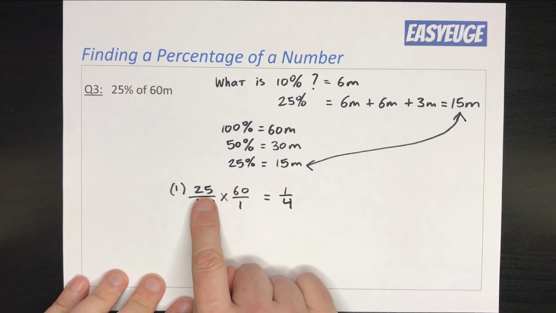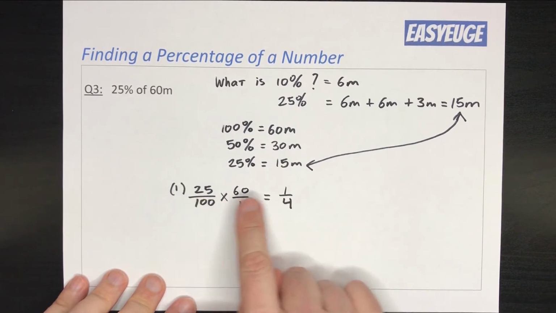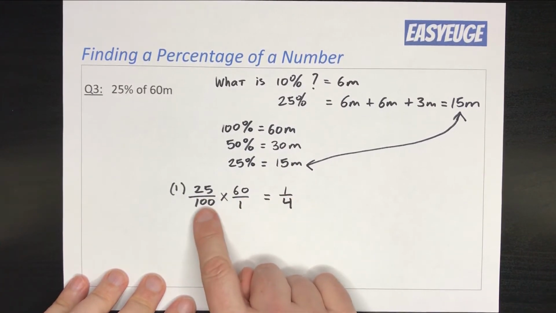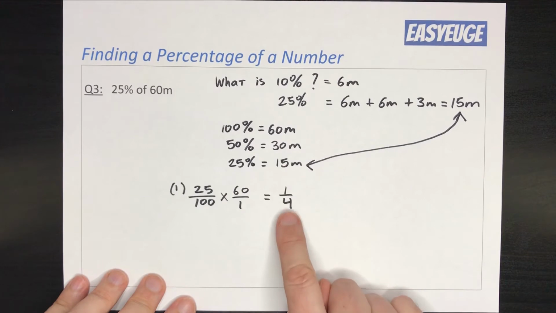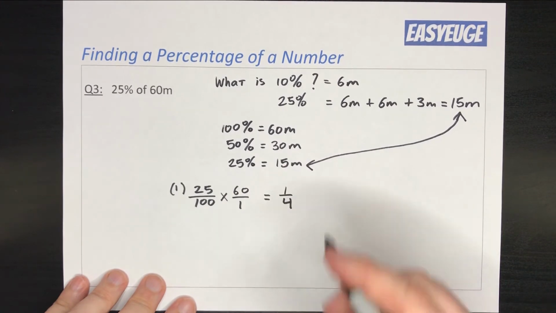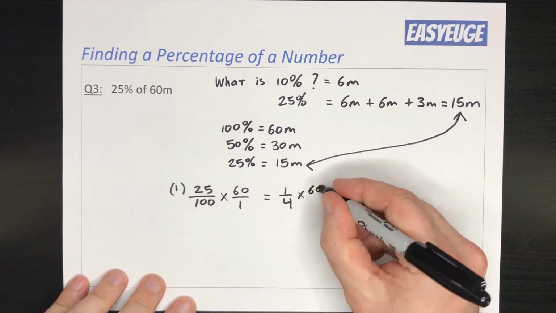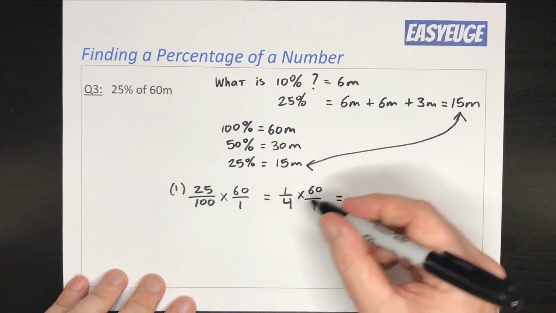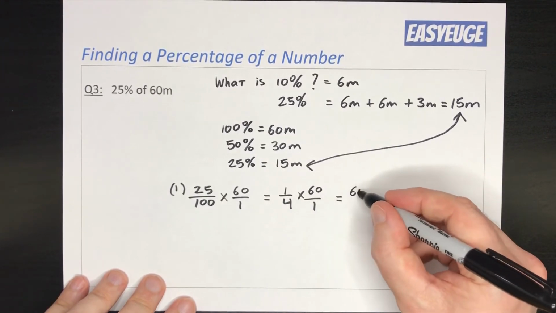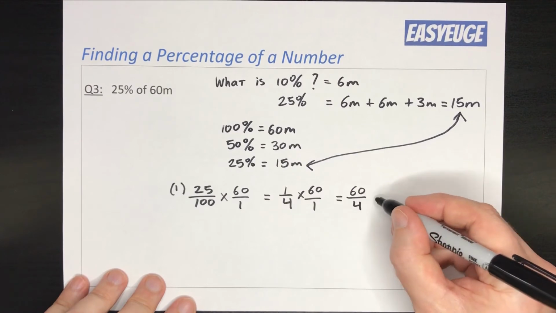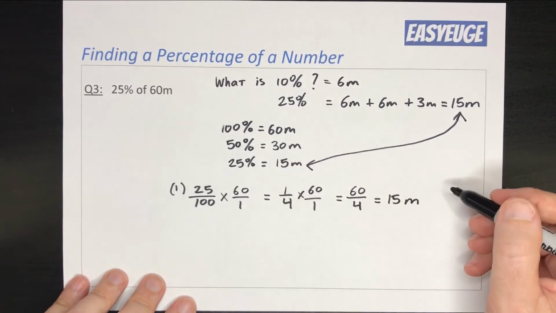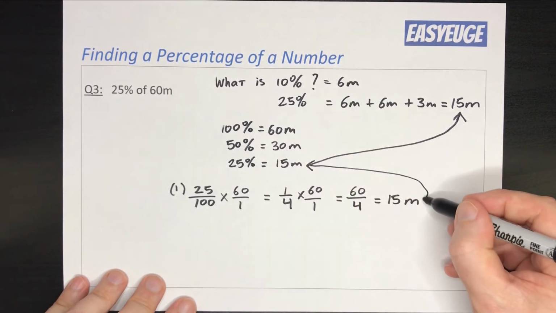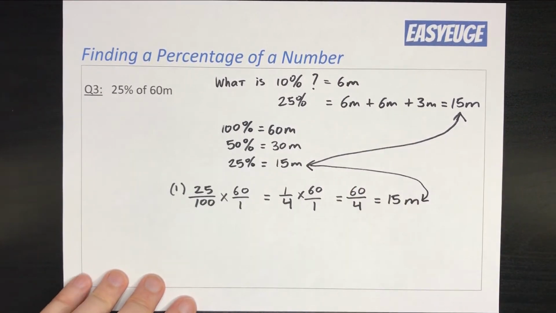So that's 25 divided by 25 on top, that gives us the 1. 100 divided by 25 on the bottom, that gives us 4. So this fraction is the same as this fraction. And then we multiply by 60 over 1. 1 times 60 is 60, 4 times 1 is 4, 60 divided by 4 is 15 meters. And gosh, we have another answer that's 15 meters.